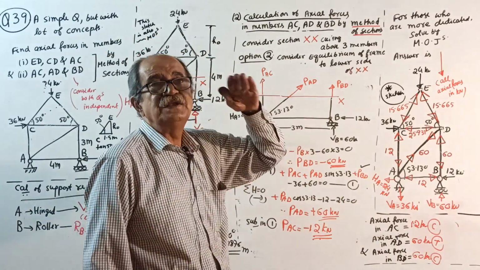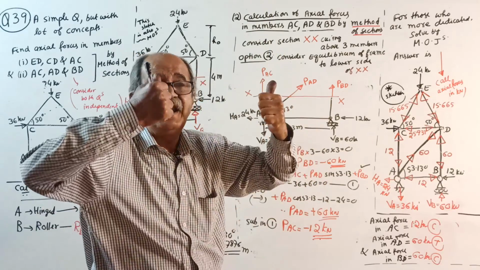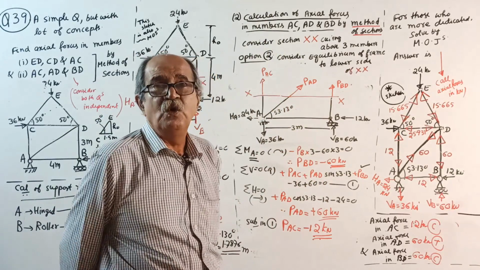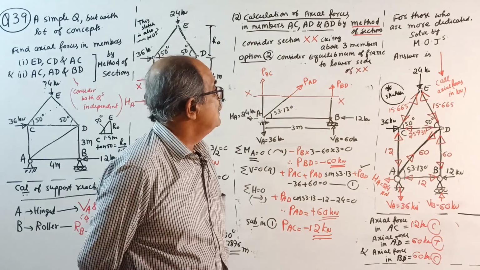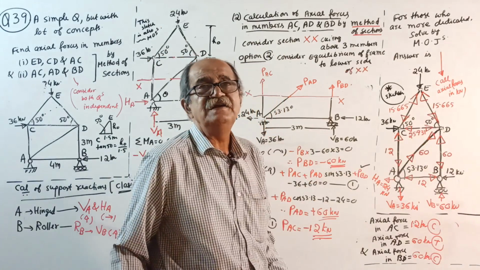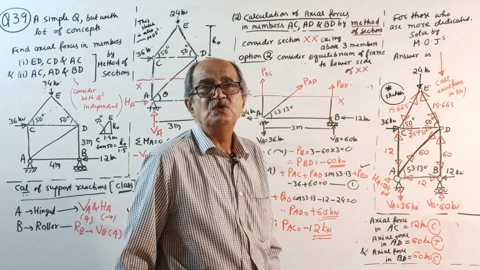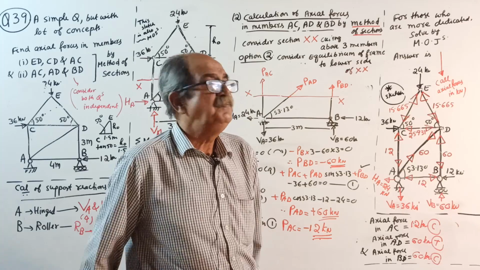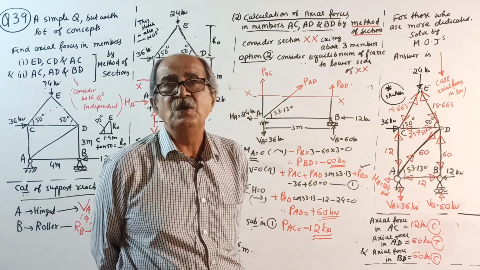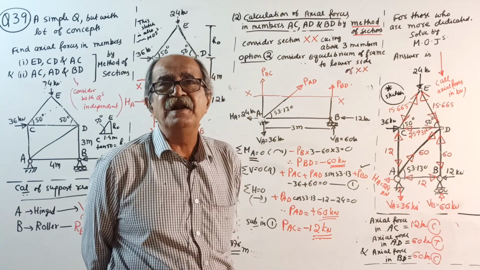Each question, once you took upper side, once you took lower side, answer came correct. Both questions, 4 times you solved. And for those who are dedicated, I gave the answer by method of joints, directly using calculator. Again tallying. So this will show you, if you show dedication and hard work and concentrate, you can understand tremendously and reach high level.